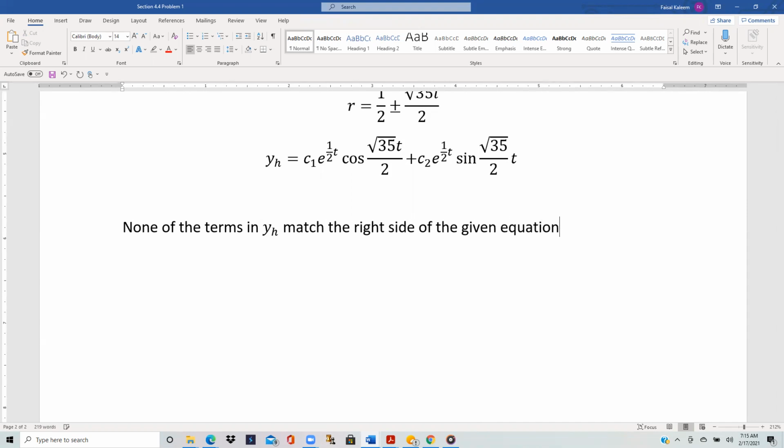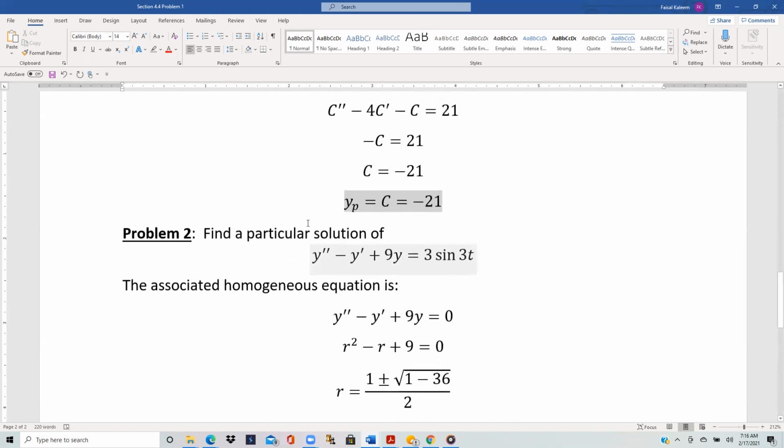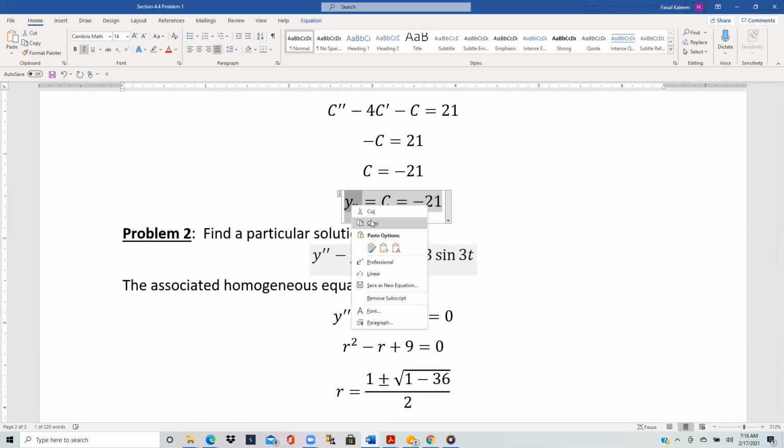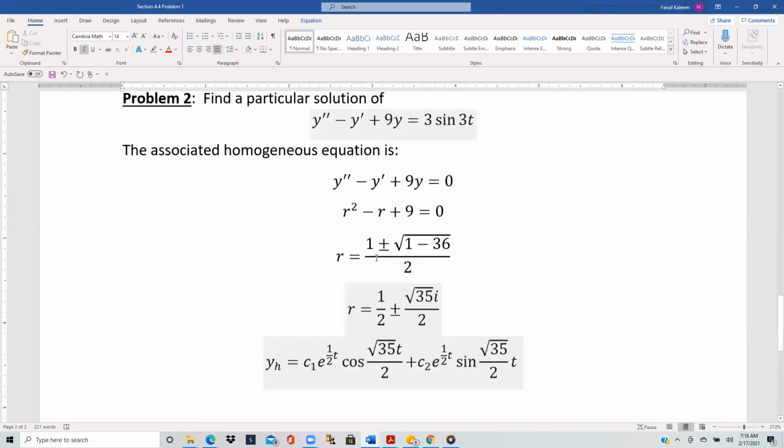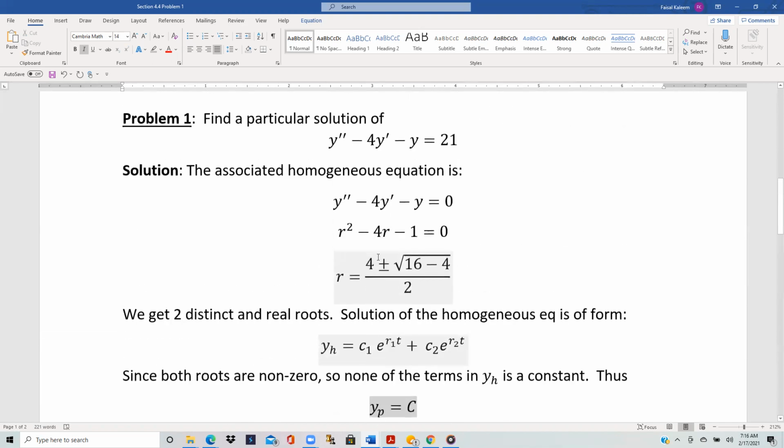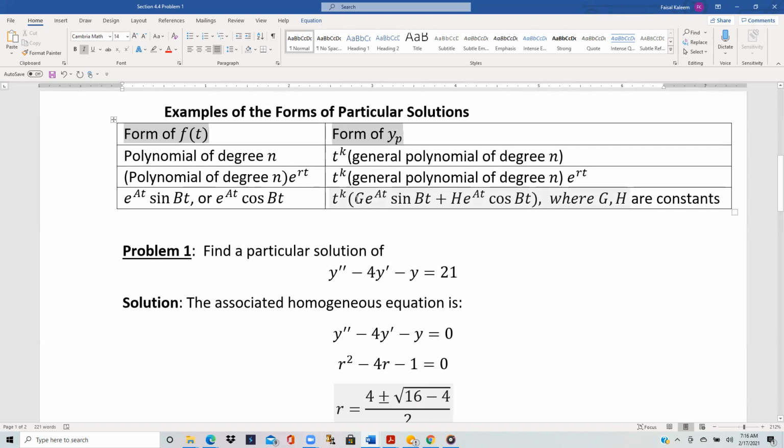So YP will take the form, you don't need any powers of t, and so YP will just be this basic form.